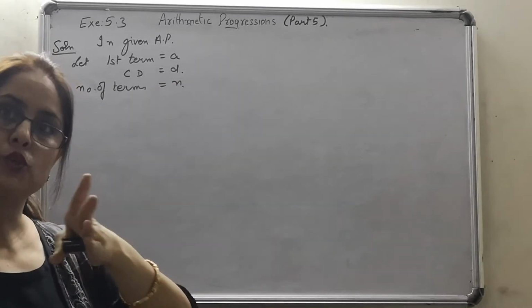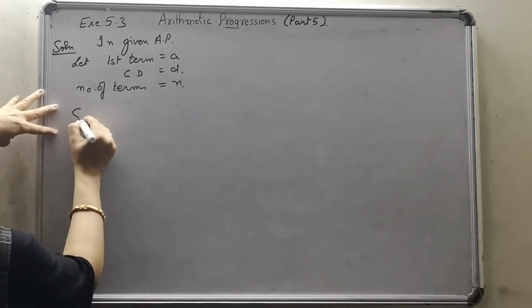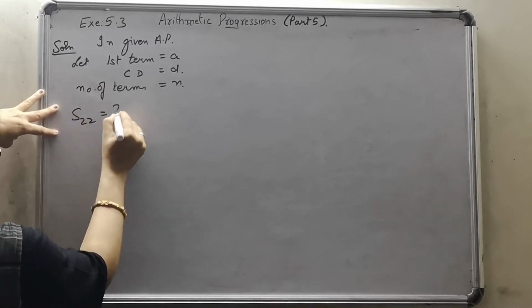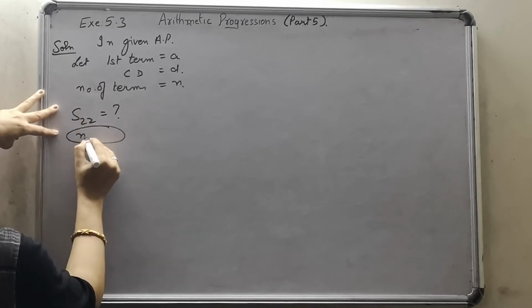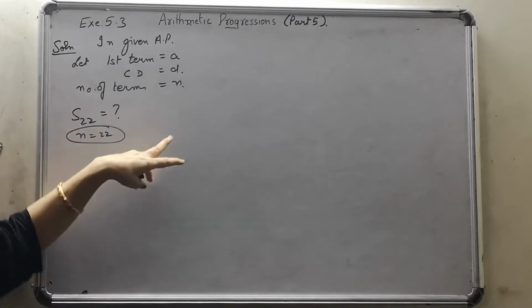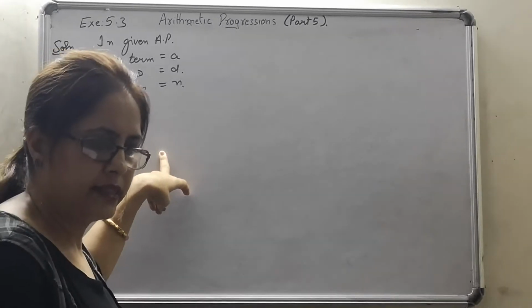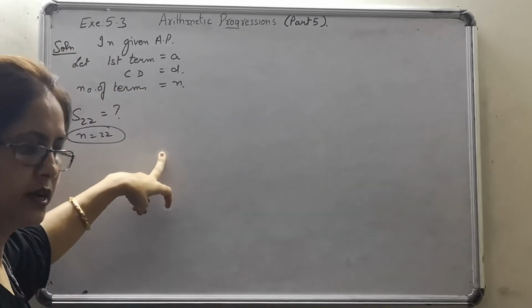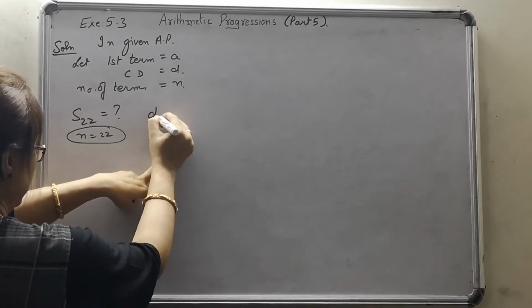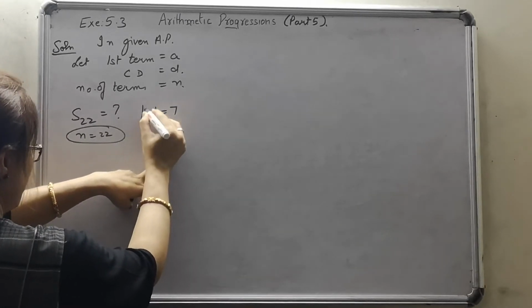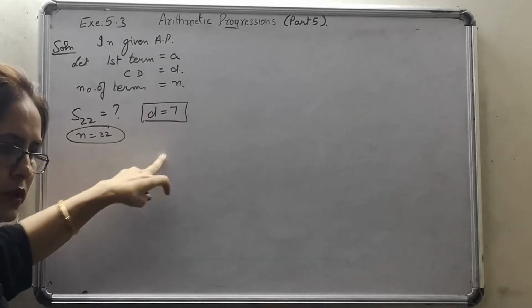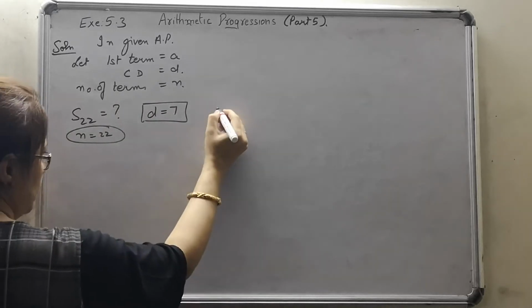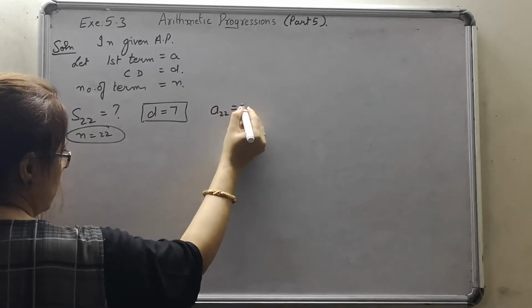Find the sum of first 22 terms means I have to find S22 indirectly. They have given me n is equal to 22. What next? Then they are saying d is 7, that is, common difference is 7. And they have also given the 22nd term is 149.